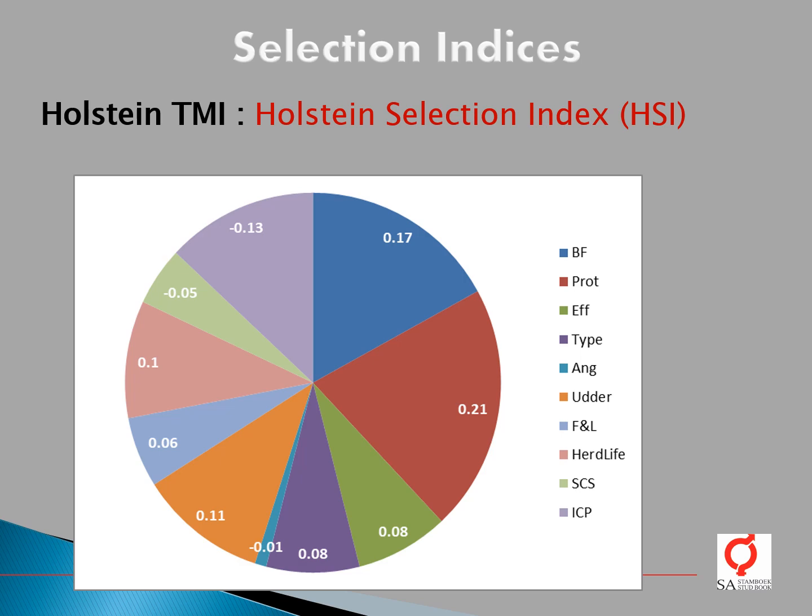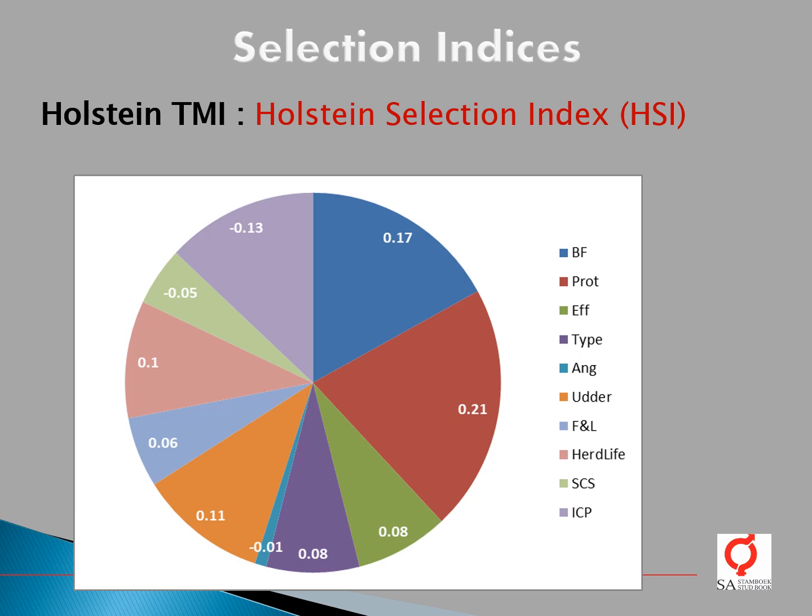Note the negative values put on angularity, somatic cell score, and fertility. That is because of the breed-specific objective to make the cows a bit less angular, and of course lower somatic cell score is associated with better udder health, and of course you want shorter calving intervals, which is an indication of better fertility.